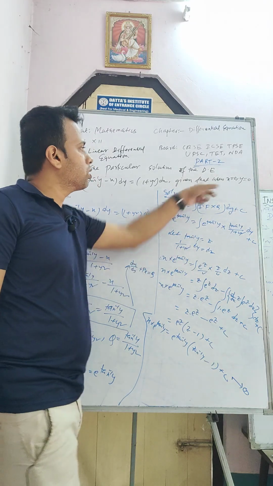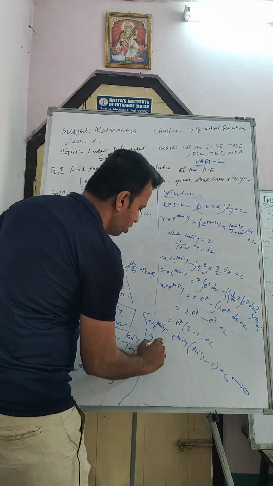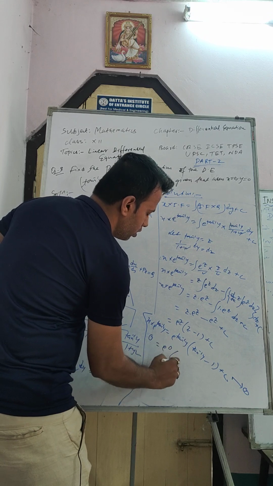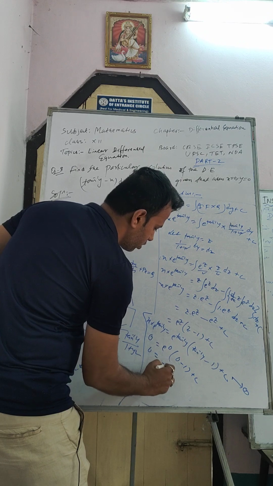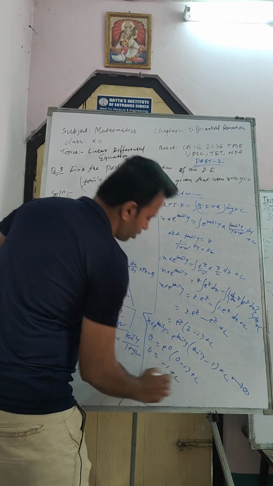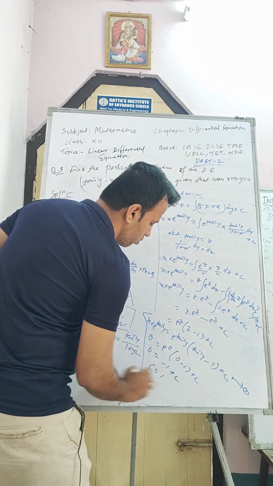Now we have to put the value of x and y as 0 here. So it will be 0 minus 1 plus c. So 0 minus 1 plus c. Okay, e to the power 0 is what? 1. So it will be 1, c will be 1.